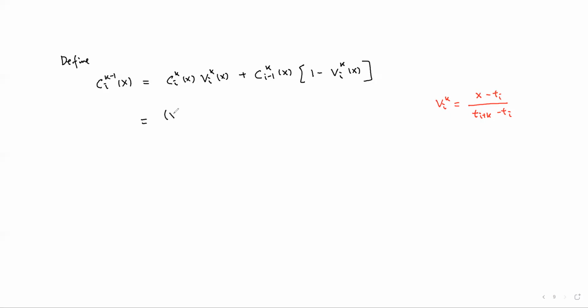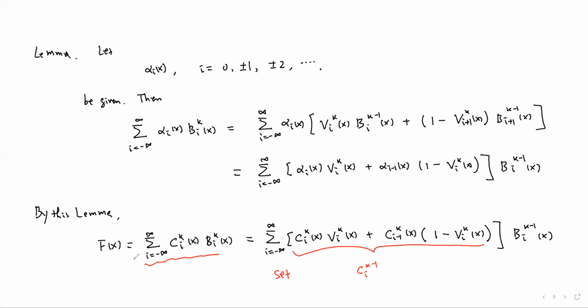Then we have (x minus t_i) c_{i,k}(x) plus (t_{i+k} minus x) c_{i-1,k}(x), over (t_{i+k} minus t_i). Okay, c_{i,k-1} is this.